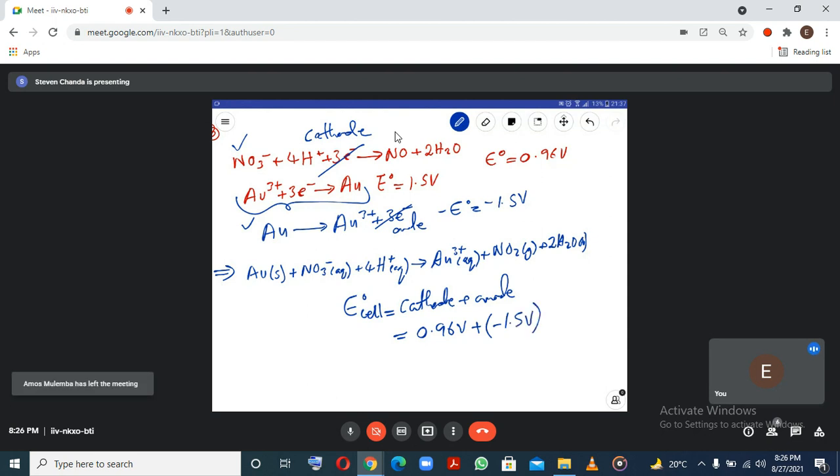So then you're going to have a value of negative 0.5454.